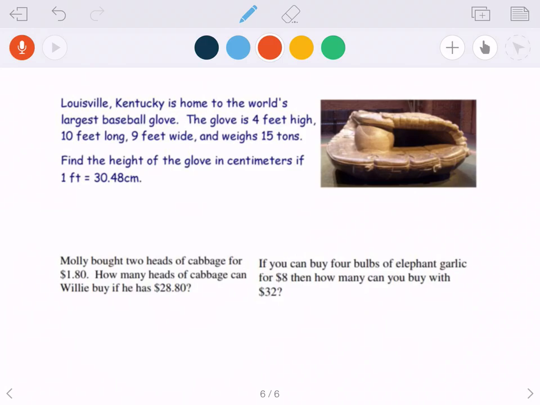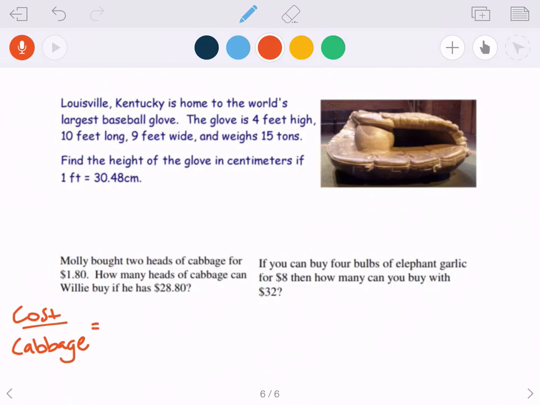Molly bought 2 heads of cabbage for $1.80. How many heads of cabbage can Willie buy if he has $28.80? So, the first thing I'm going to do is I'm going to write down what's going to be in the numerator, what's going to be in the denominator. So I'm going to put cost over heads of cabbage.